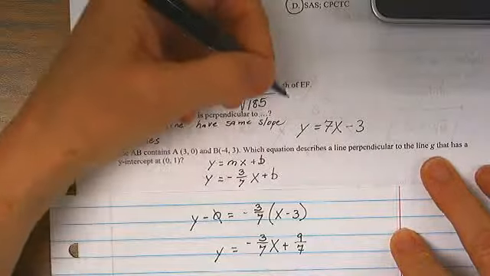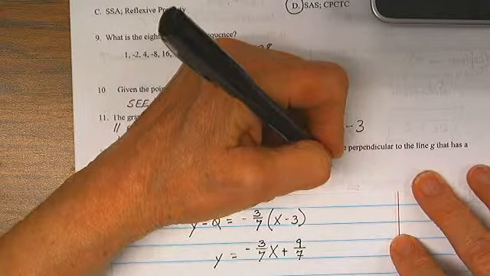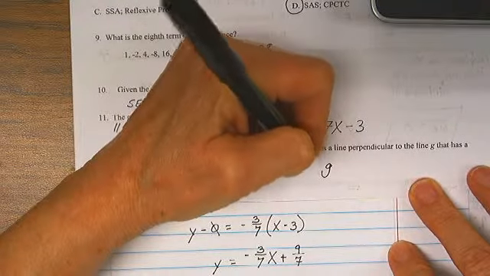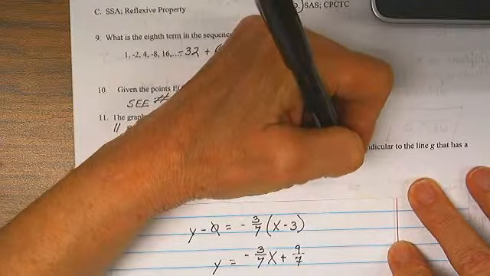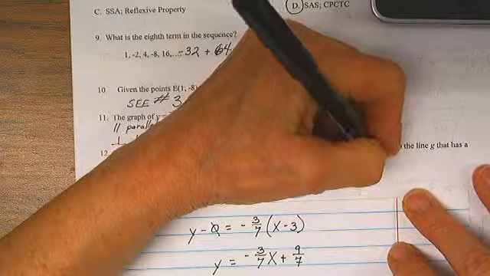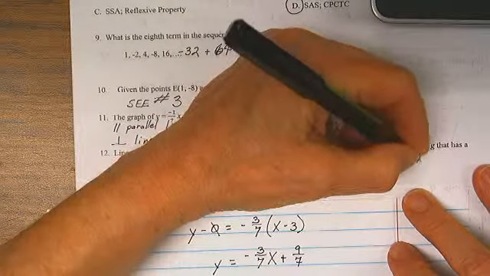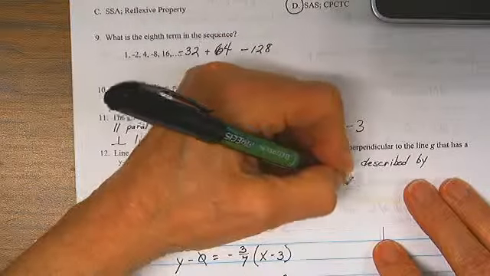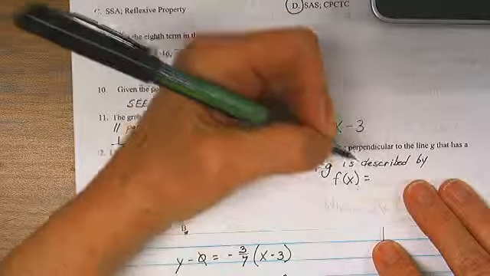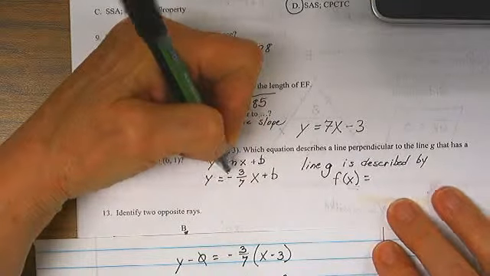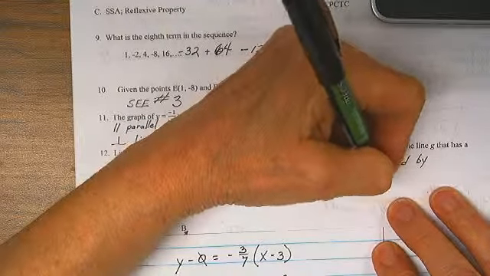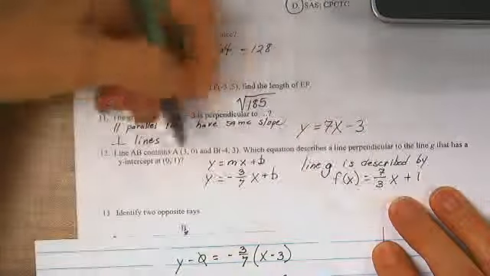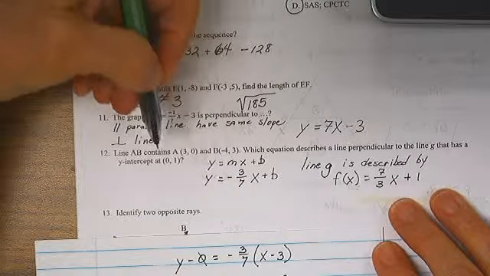The perpendicular line, we're going to call it line G. Line G is described by f of x is equal to the inverse reciprocal of the slope, 7/3 times x plus 1, because this is the y-intercept I've been given. There we go.